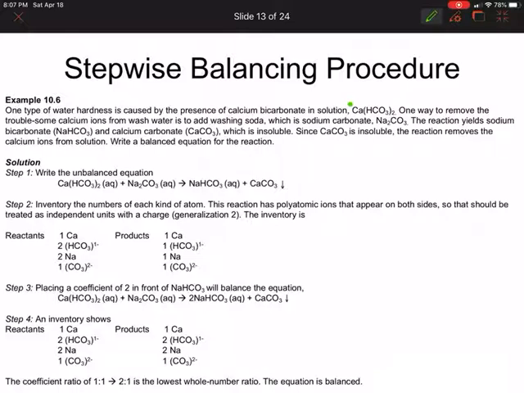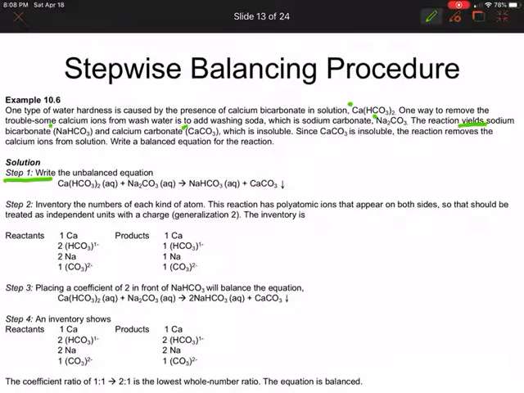One way to remove the troublesome calcium ions is to add sodium carbonate. The reaction yields, that's an important word, sodium bicarbonate and calcium carbonate. So the first step is to actually write the equation. It's already giving you the formulas, you just have to put them in the same order that the word problem gives you.